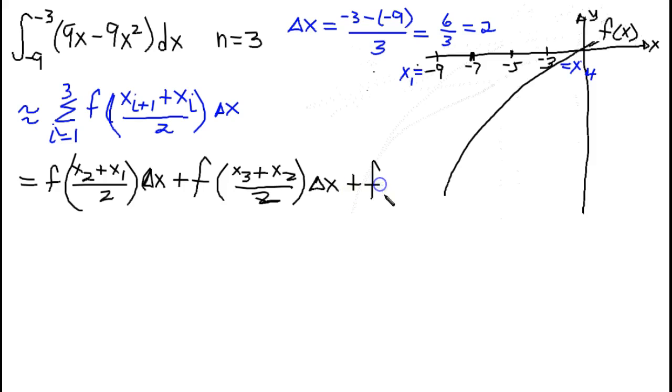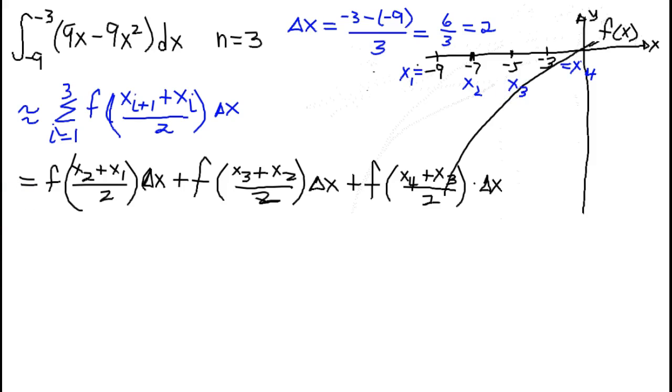Plus, when i is equal to 3, f of (x sub 4 plus x sub 3) over 2 times delta x.